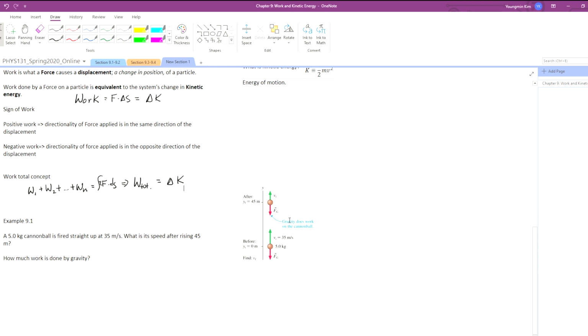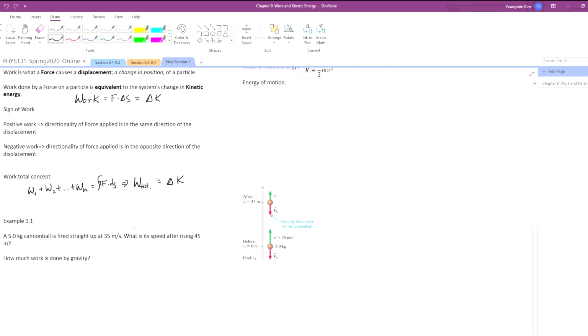We can easily solve this using Newton's laws, because once the cannonball leaves the cannon, it's subject to only one constant acceleration, gravitational acceleration, 9.8, and you know the displacement.